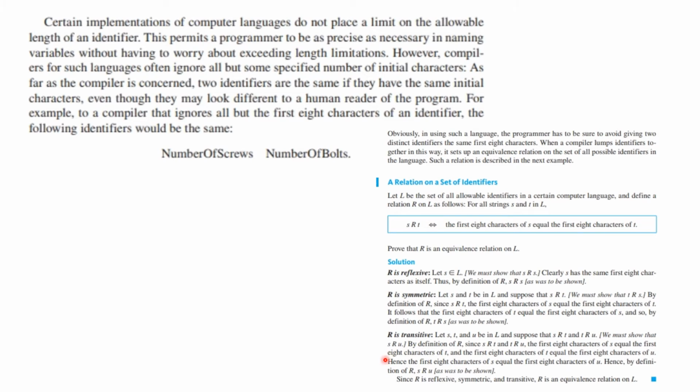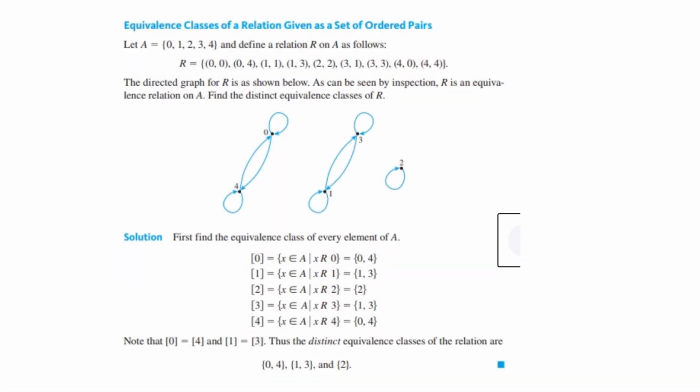And if the first has the same 8 characters as the second, and the second has the same 8 characters as the third, then the first has the same 8 characters as the third, so it is transitive. So this is an equivalence relationship, and the compiler is really thinking about equivalence classes rather than the individual variable names themselves.